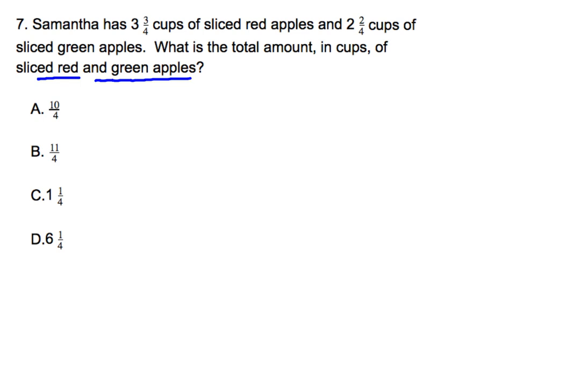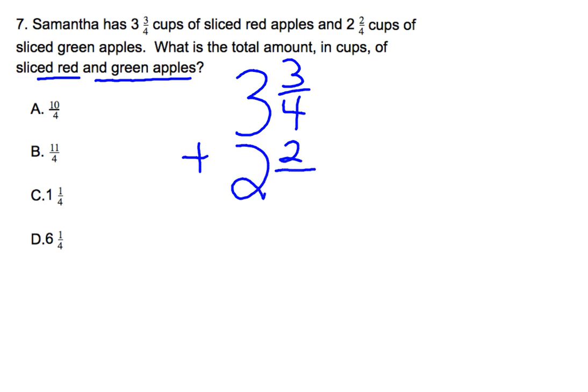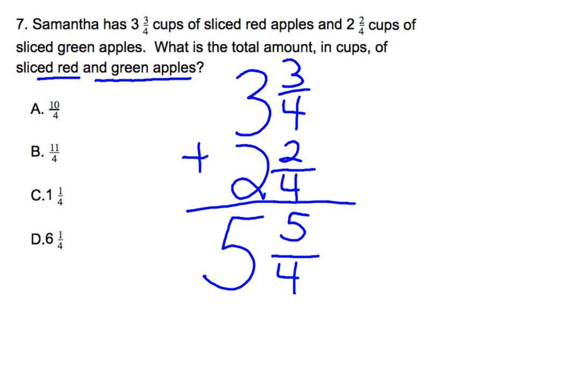So here I'm going to be adding 3 3/4 with 2 2/4. 3/4 plus 2/4 is 5/4. 3 plus 2 is 5. Now remember, first of all, 5 5/4 is not one of these answers, okay?